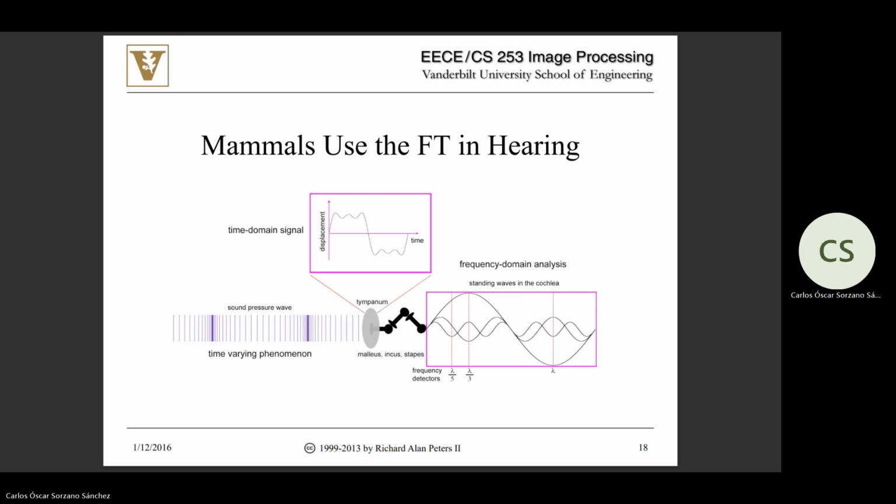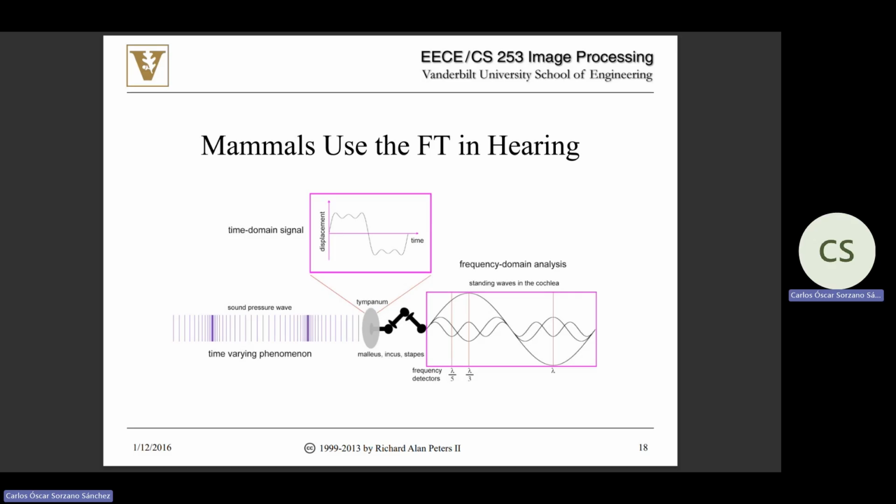Okay. Actually, this is very interesting. Our senses are sensitive to signals in the real world. So what about sound, for instance? Sound, we know it is a signal. And what you can put here is the sound pressure.